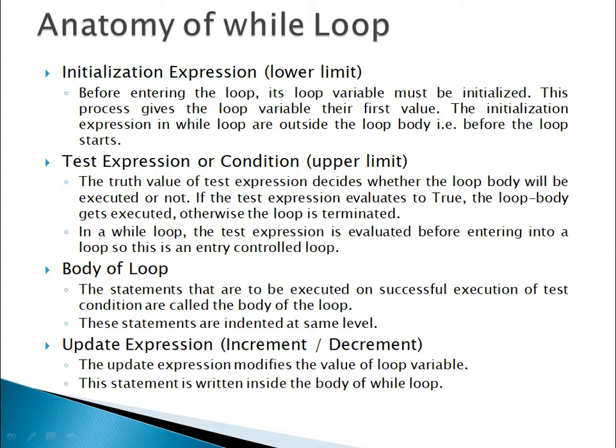So your mind is maintaining a variable, that is a loop variable, whose initial value is 0. When you complete the first round, it becomes 1. When you complete the second round, it becomes 2. When you complete the third round, it becomes 3. When you complete the fourth round, it becomes 4. That's how the loop variable changes. So these 4 things must be there in a particular loop.